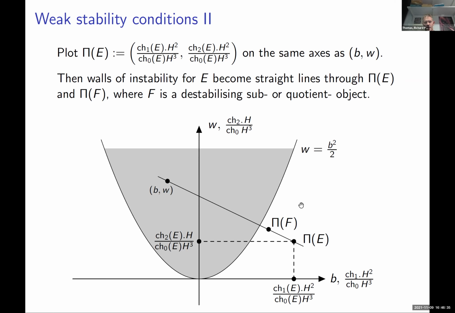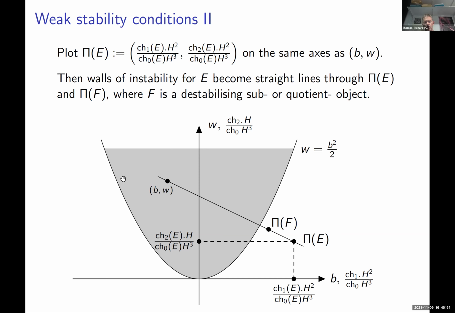Outside the parabola is where the semi-stable sheaves lie. So the Bogomolov inequality tells you that this point here, this slope-like object, lies outside the parabola.